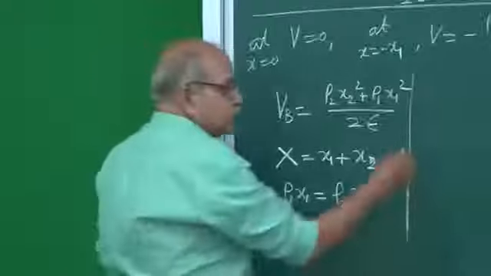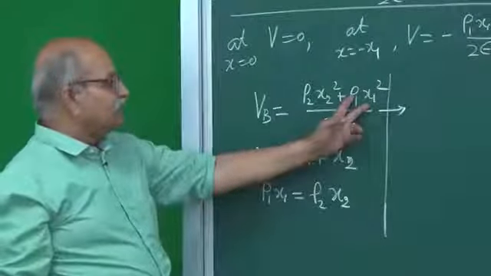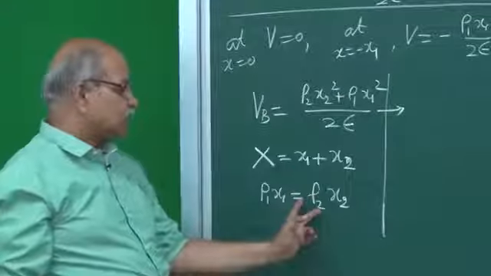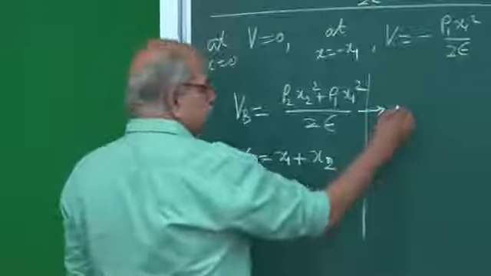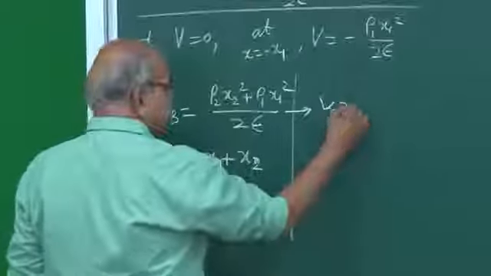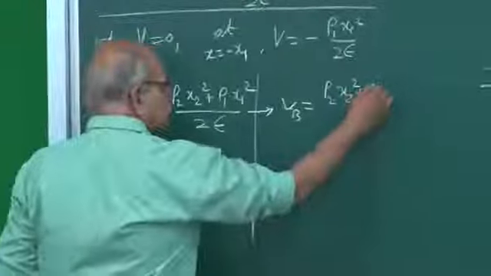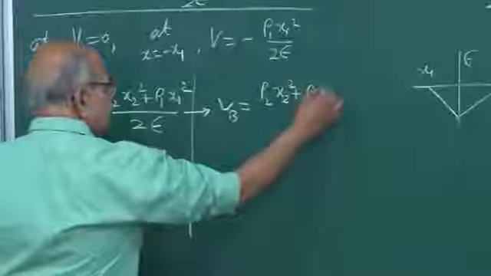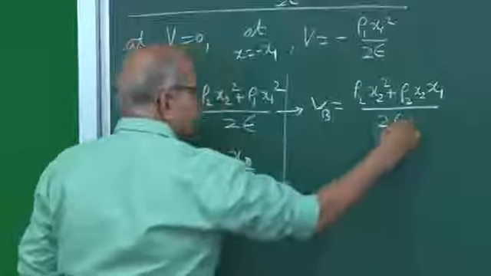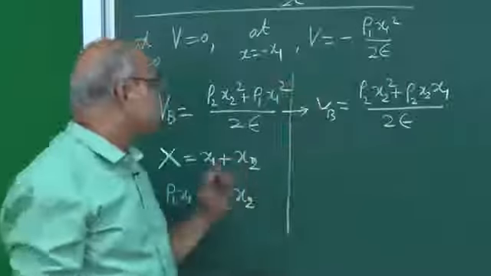So the first step is to write this rho 1 x1 as rho 2 x2. Use this equation here. So this VB is equal to rho 2 x2 square plus rho 2 x2 and x1, right, this rho 1 x1 is rho 2 x2 and one more x1 here.